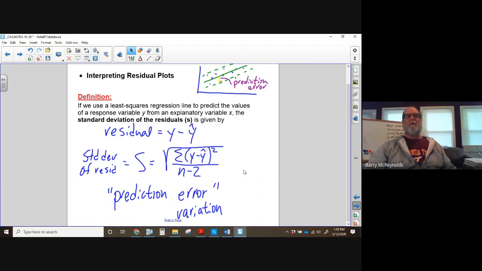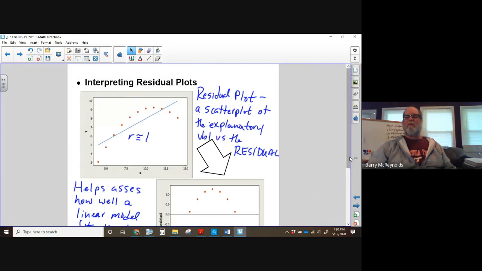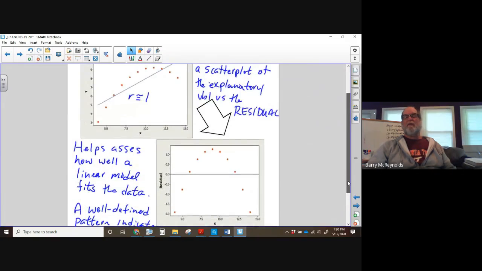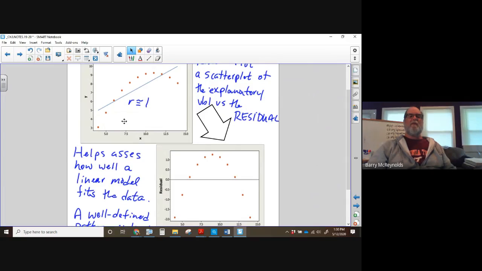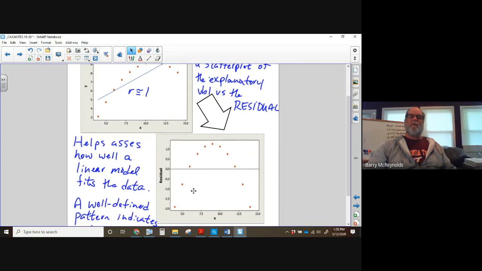What I want to show you is this residual plot, and you might see this on the exam. Here's the original data, and then here's the residual plot. On the y-axis is the value of the individual residuals for each of the data points. The x-axis is exactly the same as the x-axis here.